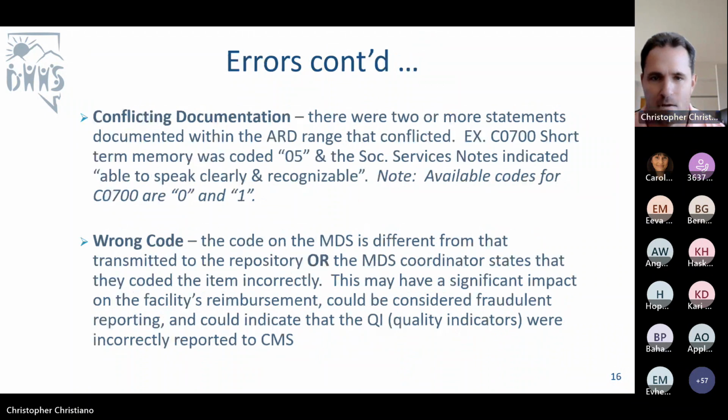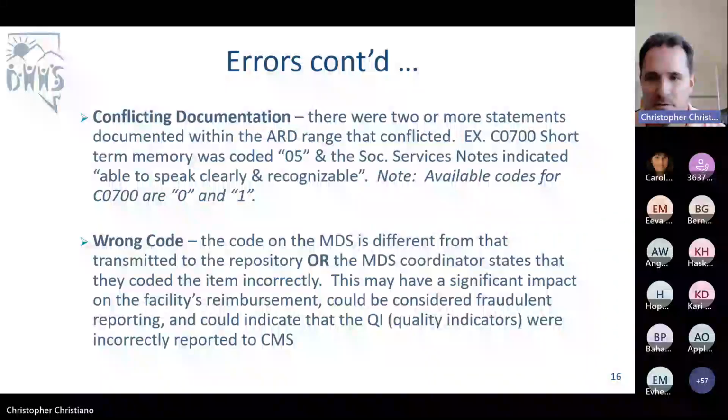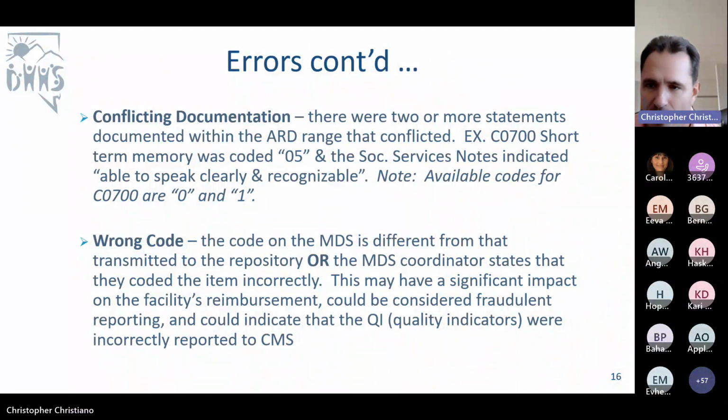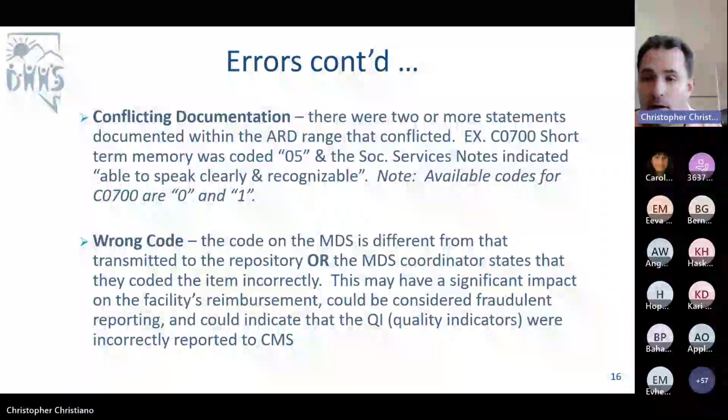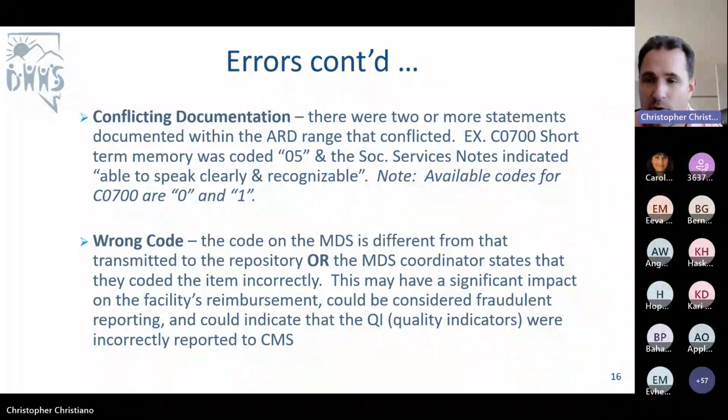Okay, so just some examples here, and it should be noted that the Medicaid reviewer will appropriately document all errors, and we document that to defend our decisions and statements in our findings, okay? So oftentimes during these reviews, we will communicate with the MDS nurse.